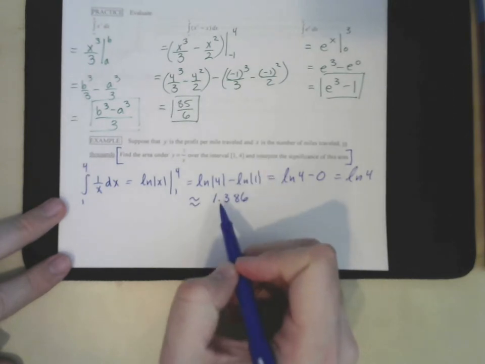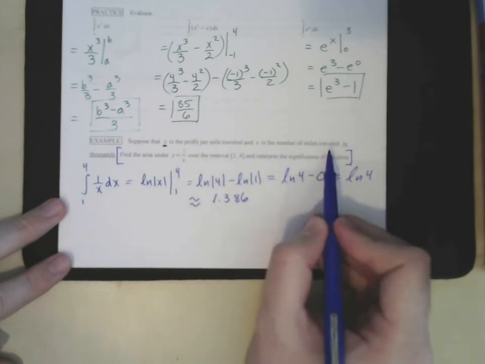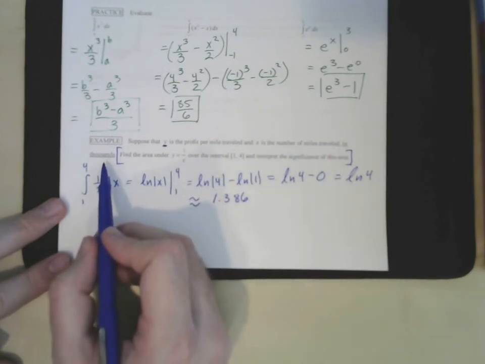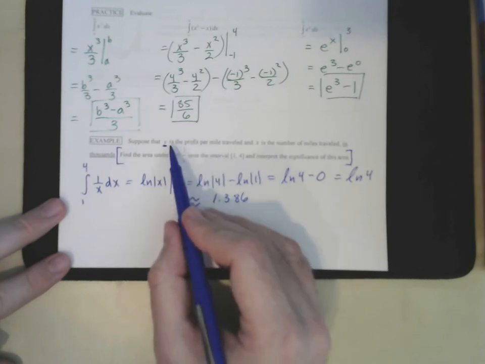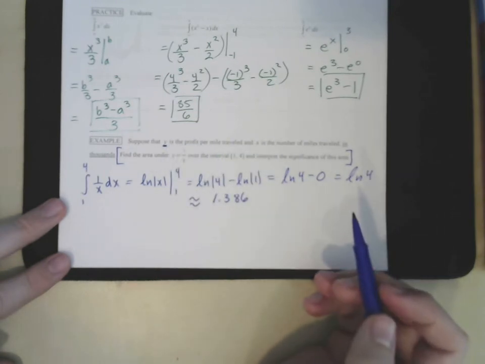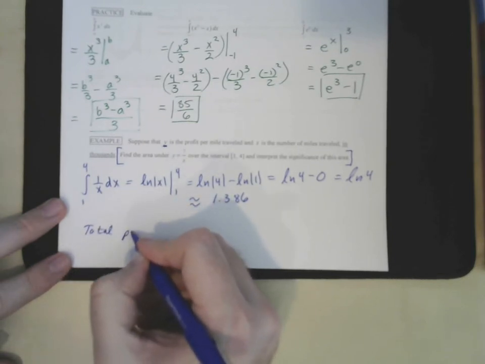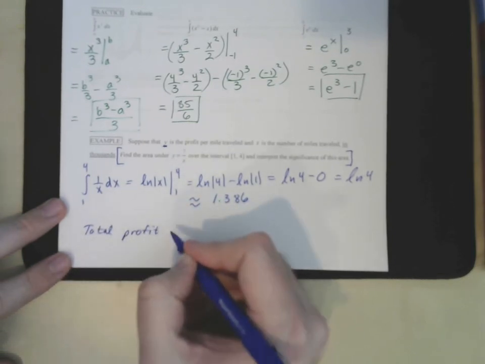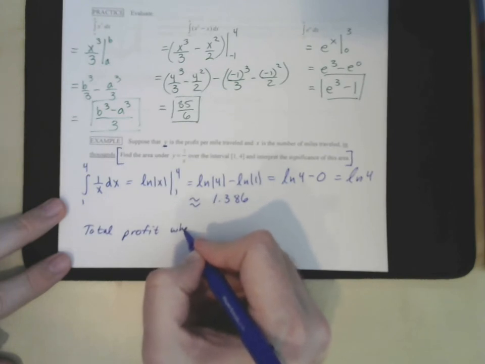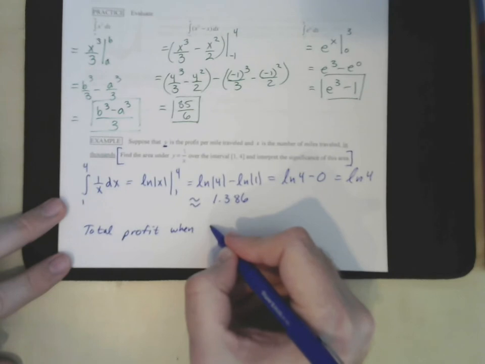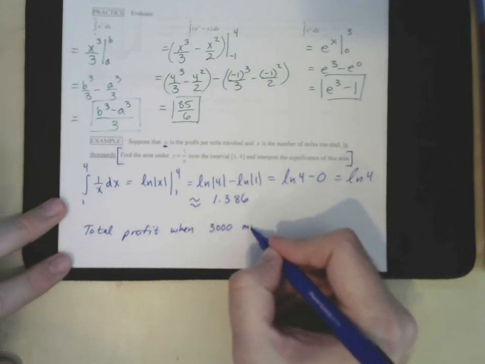So we're going back to what this is. y is the profit in thousands, that it's profit per mile, and x is the number of miles. So total profit when 3,000 miles are traveled.